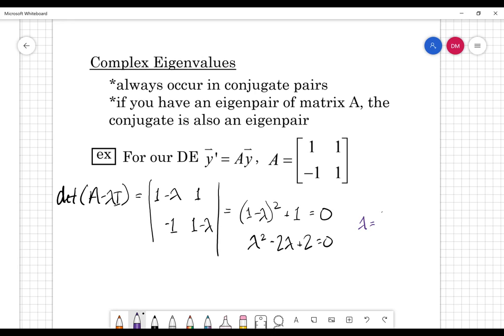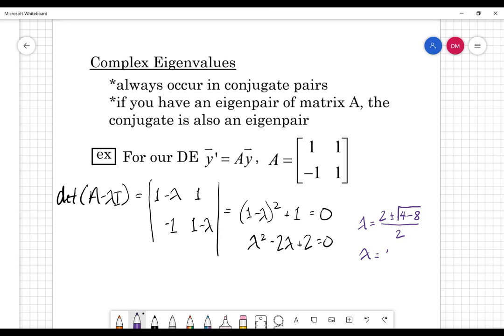So the quadratic formula is going to look like 2 plus or minus the square root of 4 minus 8 as our discriminant, all over 2 times a. So we are going to get the square root of negative 4 under here, which would obviously be plus or minus 2i.